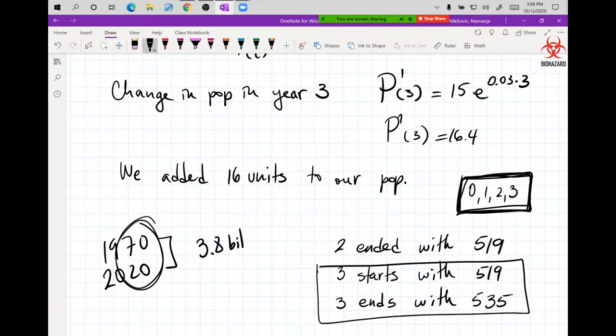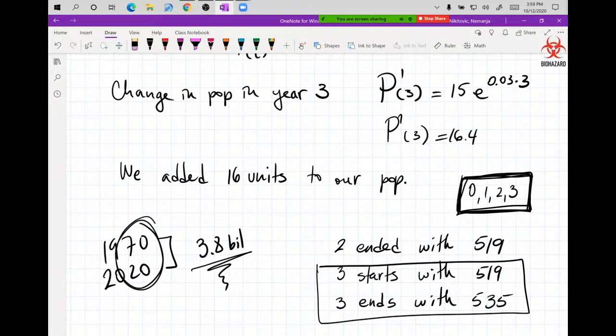Guys, 50 years is only 2 generations of people, right? The parents and their kids. Usually parents would have their kids when they're in their 30s. They used to have them in teens, then they pushed it to 20s, and now they usually have them in 30s. So this is only 2 generations, and we doubled the amount in those 2 generations.